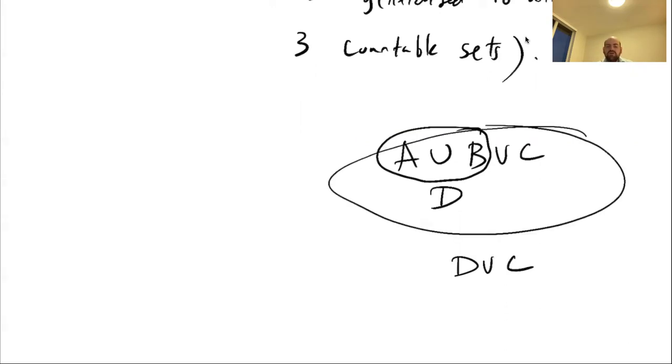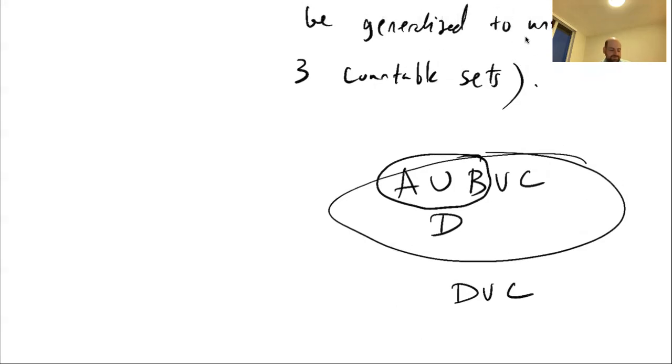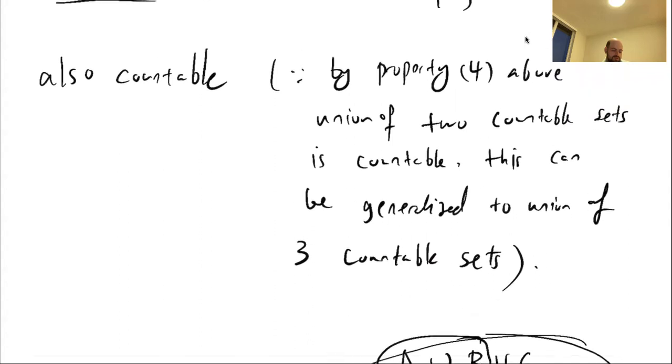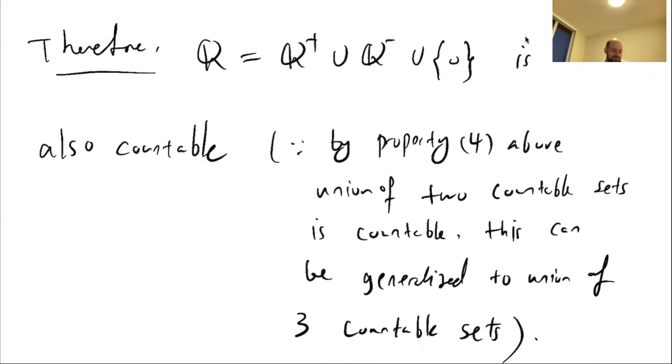You just need to consider A union B as one set, call it D. D is countable by property 4. Then you have D union C. Again, you have 2 countable sets, so again, it's countable. Similarly, you can generalize it to 4 countable sets or 5 countable sets or n countable sets. So the union of 3 countable sets is countable.